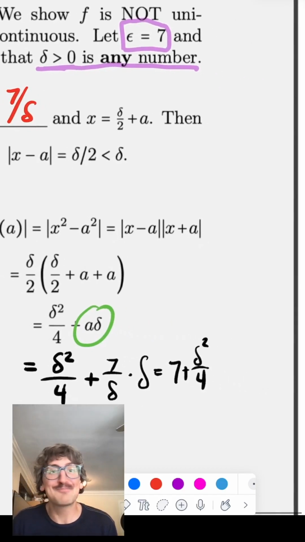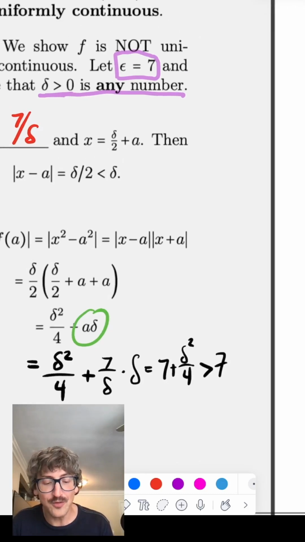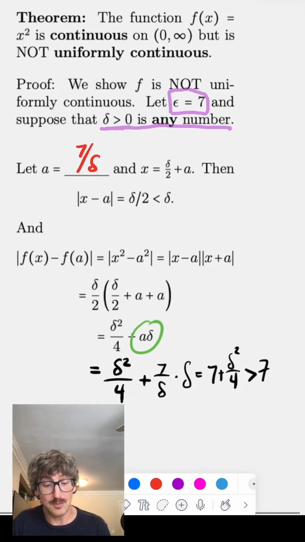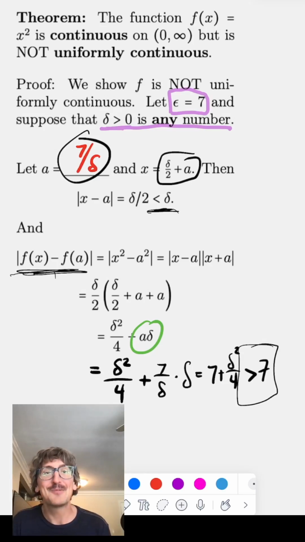And I promise you that no matter what delta is, this is going to be strictly greater than the number 7. And so I've shown you that no matter what delta you pick, even if it's really small, I can find two numbers, a and x, that are within a distance of delta of each other, but the difference between their outputs is not within a distance of 7 of each other. And so if I can't even keep the outputs within a distance of 7 from each other, there's no way I can do it for an arbitrary epsilon.